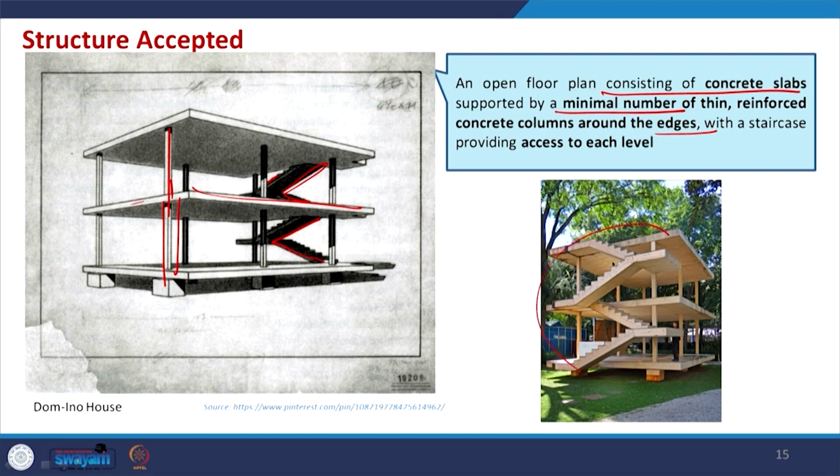Whatever the structure comes, accept it, we do not need any alteration. Many very simple buildings in history, and in recent times also, when we go for mass housing, low cost affordable housing, still follow this kind of minimalistic form, where whatever the structure comes, with little modification, we bring that. So structure accepted in form making is one example I put here.